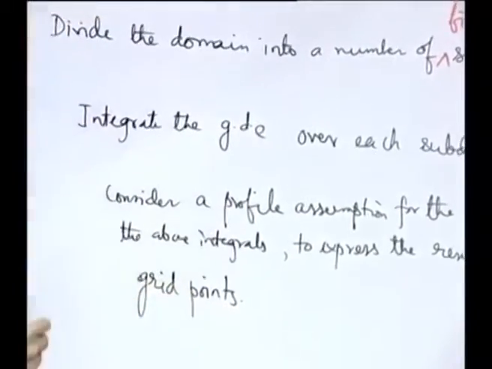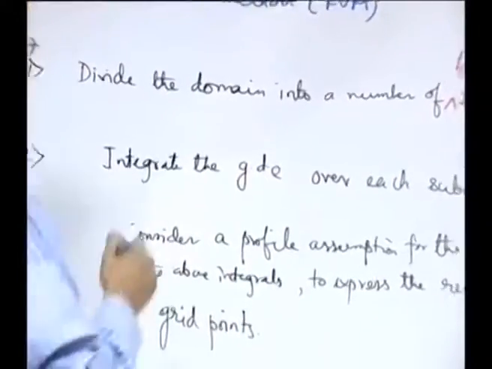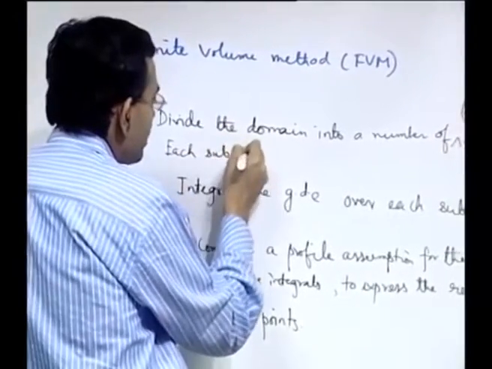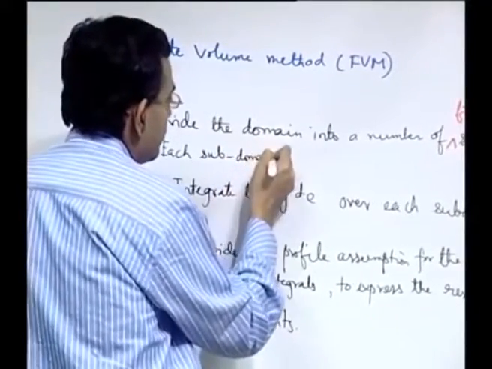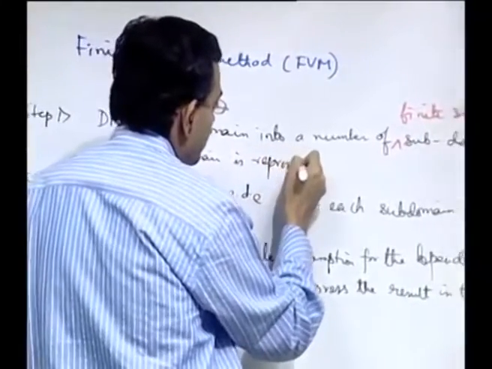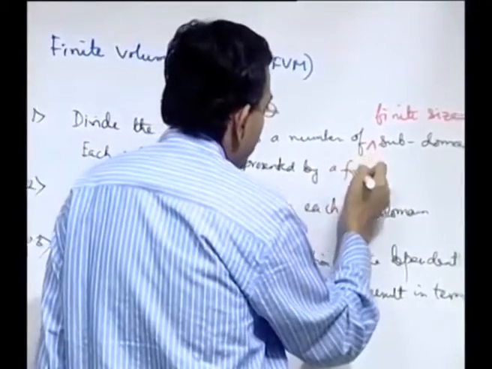Remember here you have the domain divided into a number of subdomains, and each subdomain is represented by some finite number of grid points.